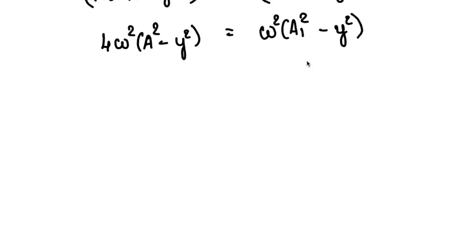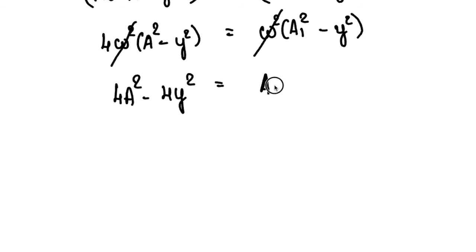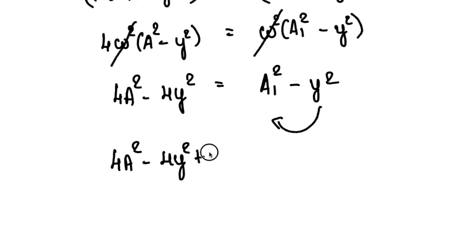Now solving for a1 square, first of all I can cut this. 4a square minus 4y square is equivalent to a1 square minus y square. Taking the y square to that side, 4a square minus 4y square plus y square is equal to a1 square.